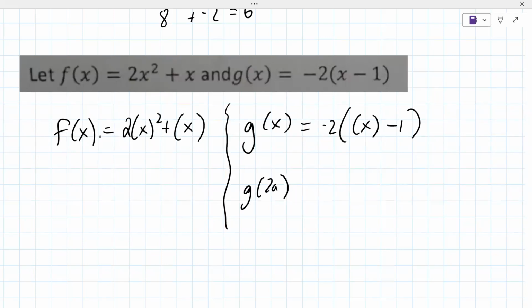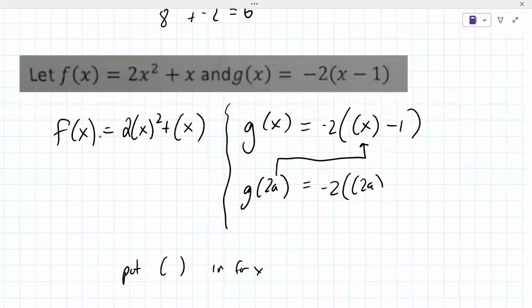So what that means is to put whatever's in parentheses in for x. So that's going in for x. Okay. All right. So here's how it looks. It's -2 times 2a minus 1. And then maybe there's something to do, maybe there's not. You have to know when to drop parentheses.